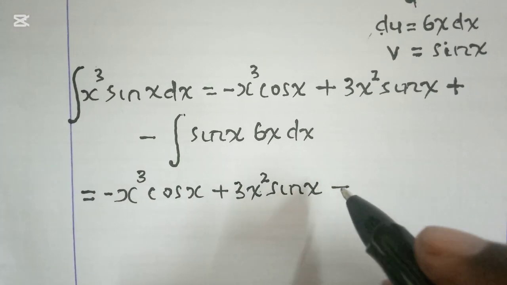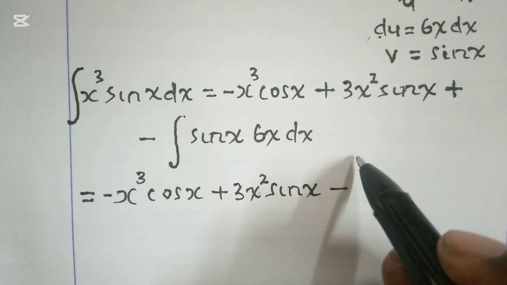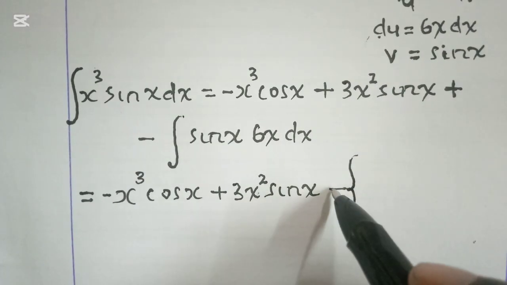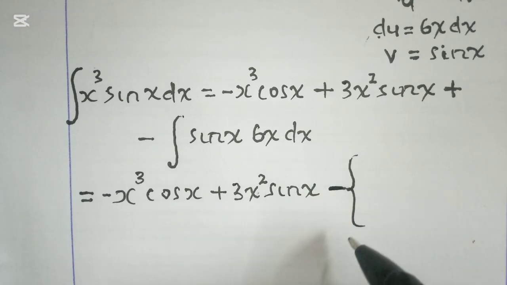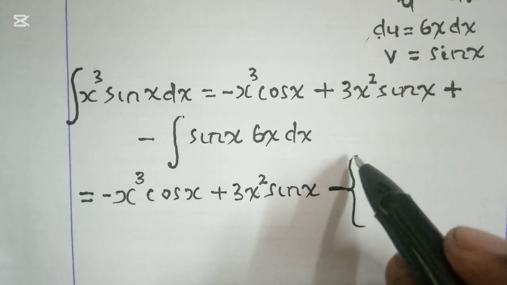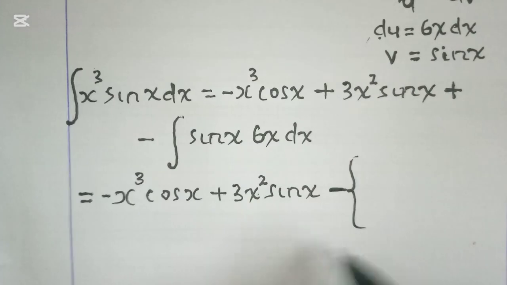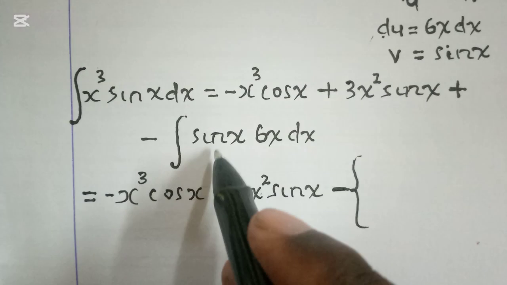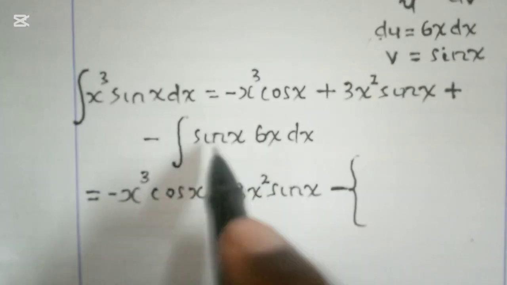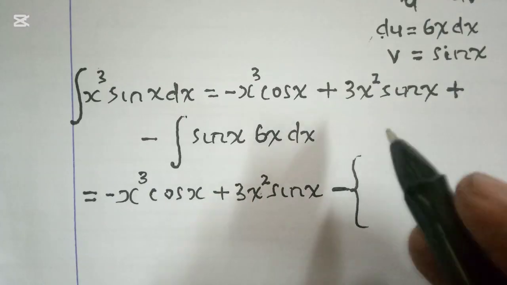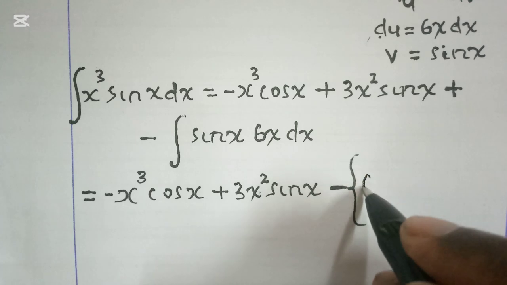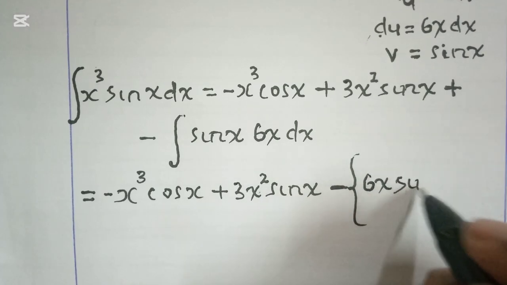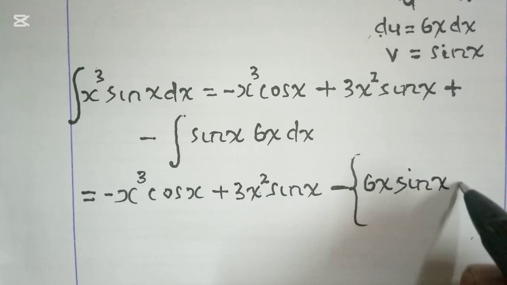I can put a bracket here because anything that will go beyond this negative will affect whatever will be there, and that's why I have put a negative. I have put a bracket there. So now I give these values. I can rearrange them first, then I give them values. I'll write 6x here, and then sin x dx.